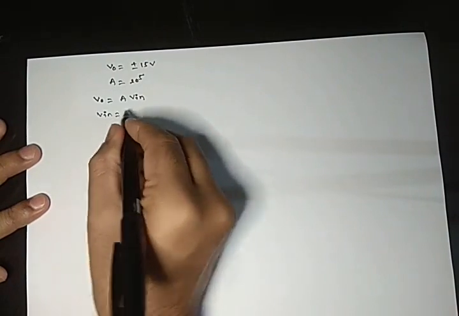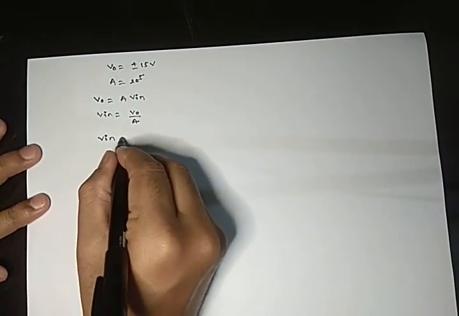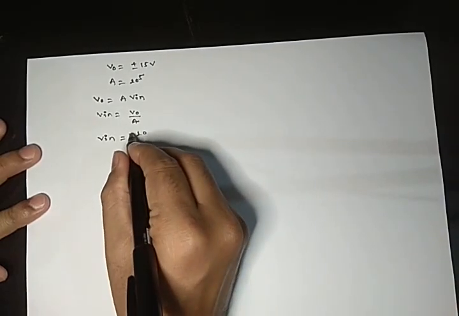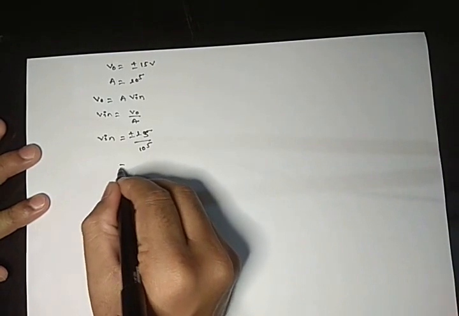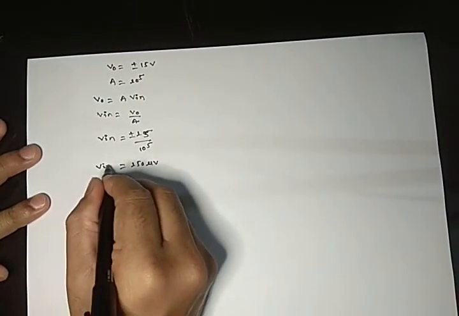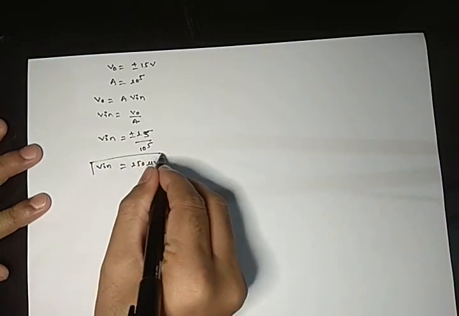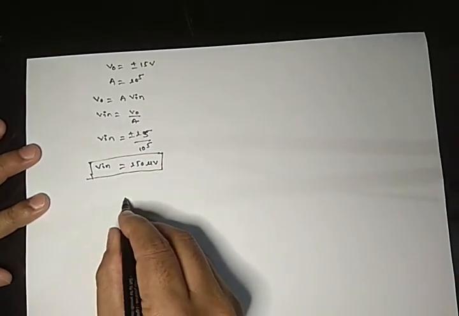V in equal to V naught by A. V naught is plus minus 15 volt, A is 10 to the power 5. Now it comes to 150 microvolt. Now what is V in?